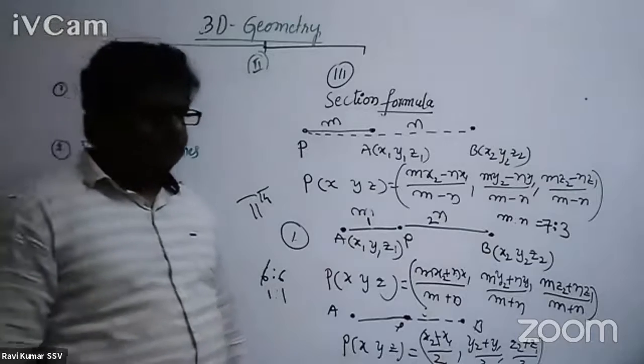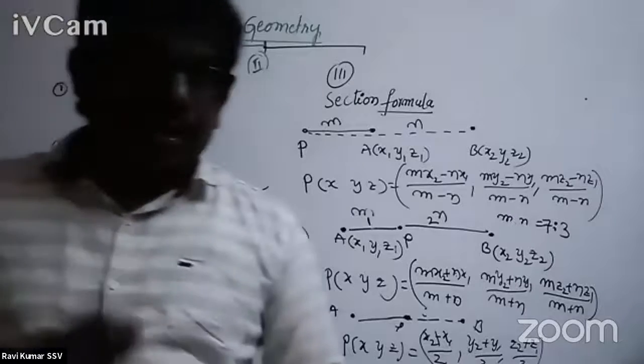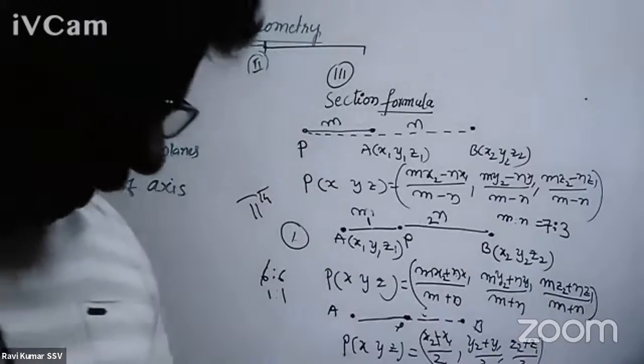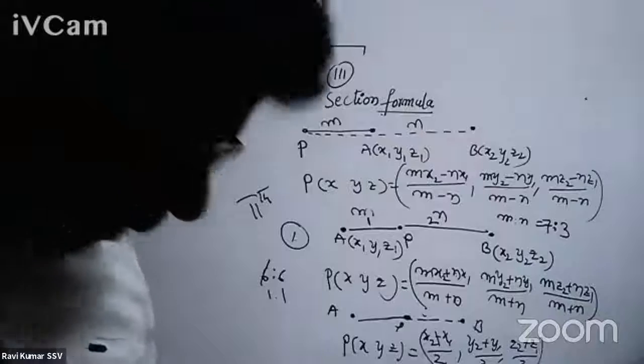Okay, now? When this point is out of these 2 points, just copy it. You should understand these points. Then we will do the problems. How the problems will be asked, we will do it. Some more points, some more formulas also I'll explain to you.